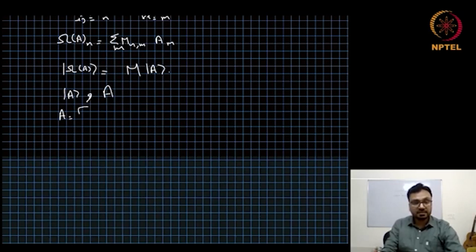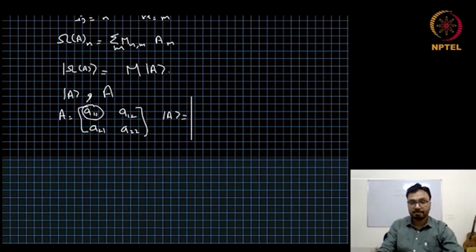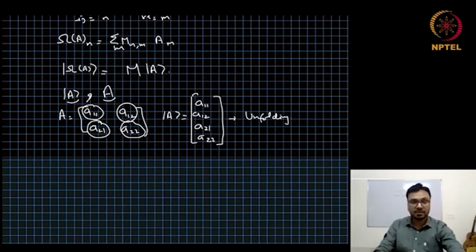Let us say a simple example: if A is a 2 by 2 matrix, it will be A11, A12, A21, A22. These are the 4 elements of it. Then the vector A will be the first element A11, the second element A12, the third element A21, and the fourth element A22. This is how we map the matrix A to the vector A, and this we will call unfolding of the matrix.